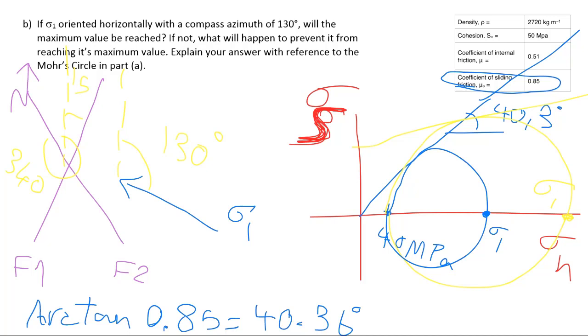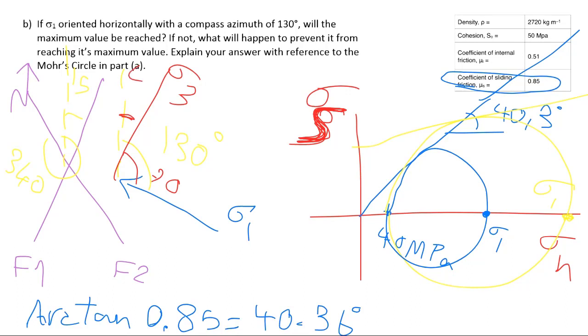How do you do that? We need the theta angle, and we know theta is the angle between the fractures and sigma 3. Sigma 3 is perpendicular to sigma 1. So if this is 90, the remaining angle is 40 degrees.